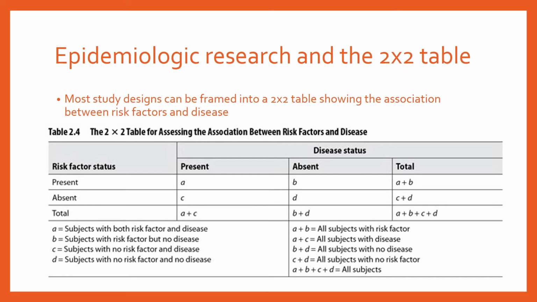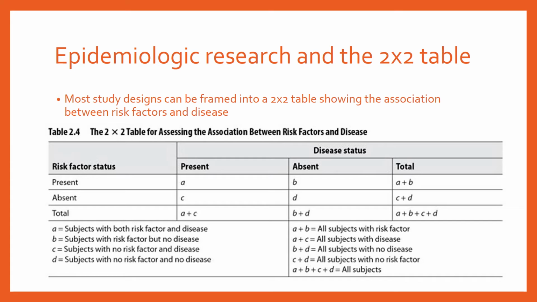So what you have is here on the left-hand side, or the far left column, the risk factor status. Either is the risk factor present or is it absent? So for physical activity, if present would be someone's physically active, absent would be inactive. Or for folate deficiency, the risk factor present would be the deficiency, absent would be no deficiency, and so on. And then across, under disease status, you have present or absent.